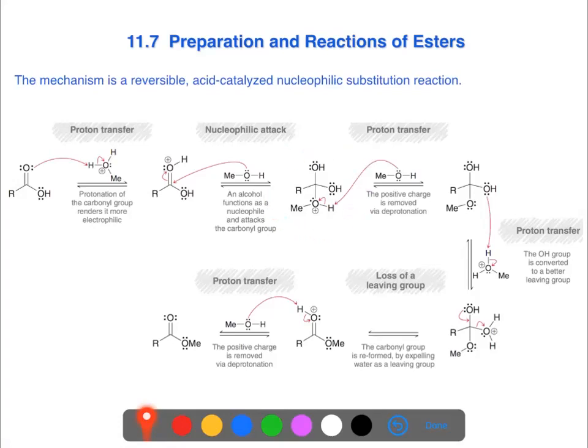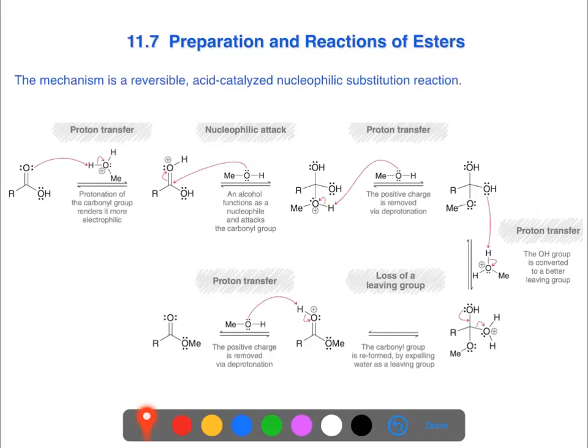In the next two successive proton transfers, the role here is to convert this species to a poorer leaving group and to make this hydroxyl group a better leaving group. And so the first step involves proton transfer to a molecule of methanol to form the protonated alcohol.